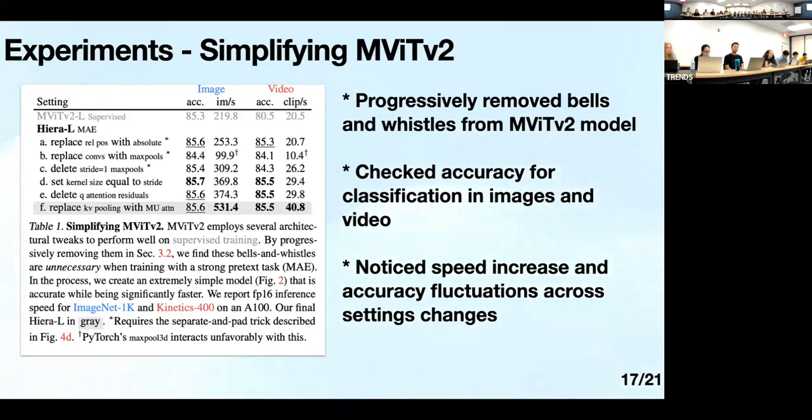And it looks like they're still having better accuracy than the baseline hierarchical vision transformer. And they replaced the convolutions with max pooling. They deleted the stride 1 max pools. They set the kernel size equal to the stride, and they deleted the Q attention residual. So these are some of the different settings that they changed.